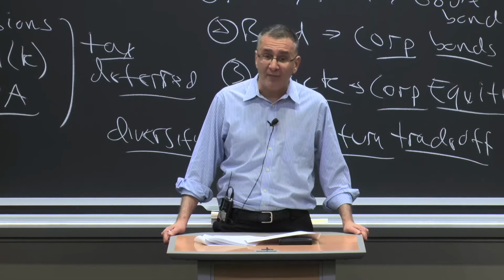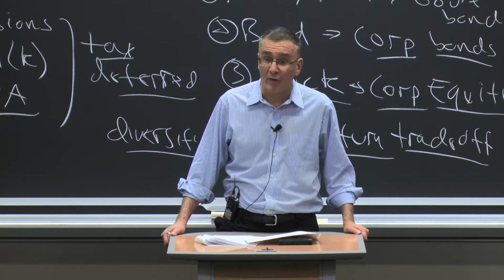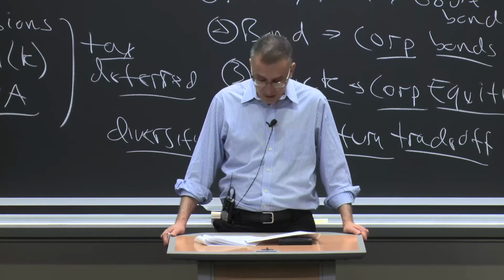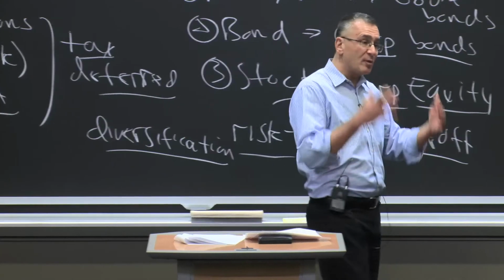That is, the trade-off in terms of roses foregone to make a computer is lower in the US than in Colombia. And Colombia has a comparative advantage in roses. The trade-off in terms of foregone computers to make a rose is much lower in Colombia than in the US. So comparative advantage, remember, is about opportunity cost.